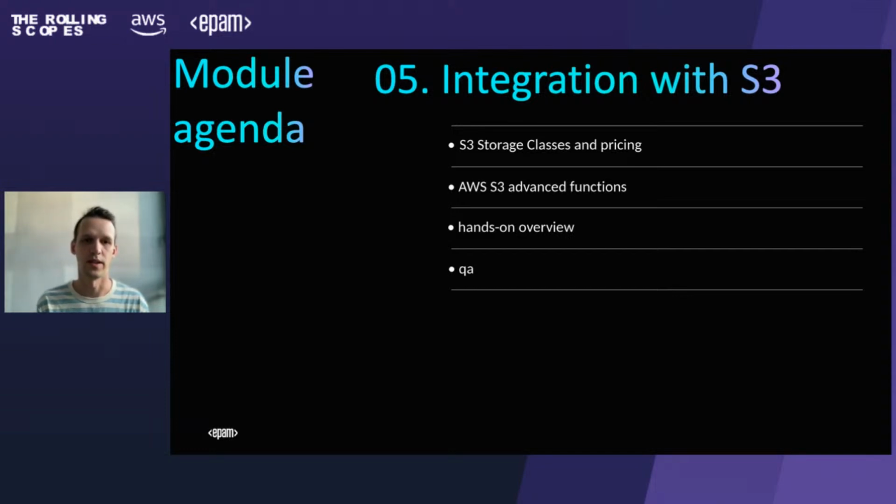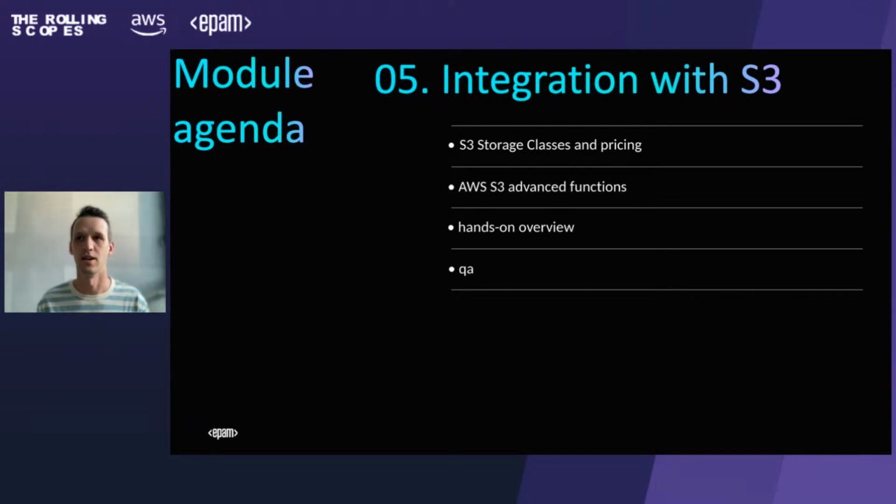We'll briefly talk once again about S3 storage classes, and we will try to compare their pricing. Also, we'll talk about the advanced features. As I said, what does it mean? You can not only store objects inside your S3 bucket, you can also manage the policies for the files, and manage how these files are located inside your S3 bucket.